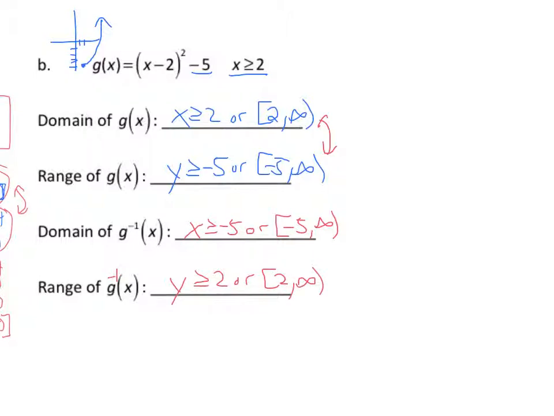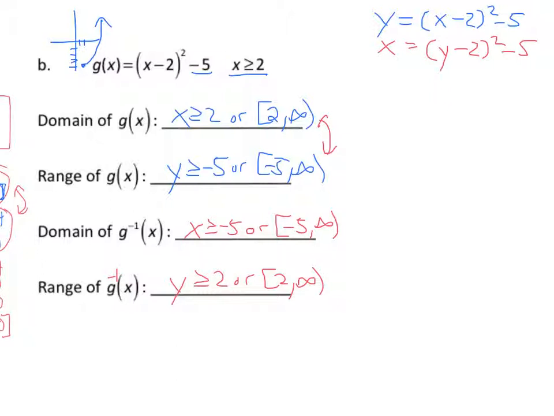And finding the actual inverse function, remember, instead of g of x, we write y equals x minus 2 squared minus 5. And then we switch x and y. So I write x here, y here, and we solve for y.